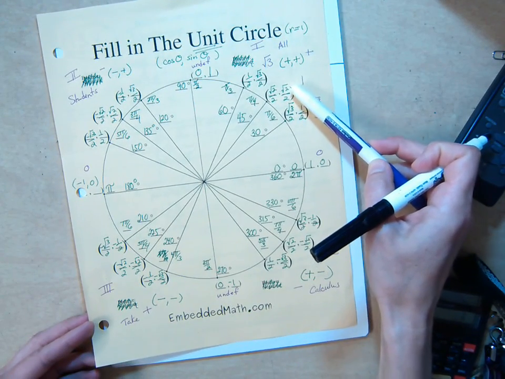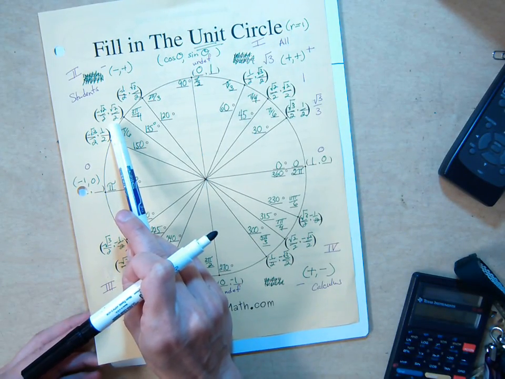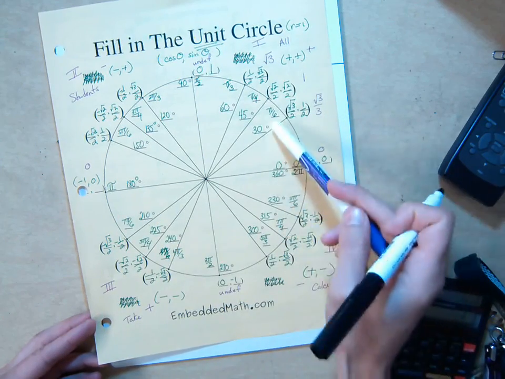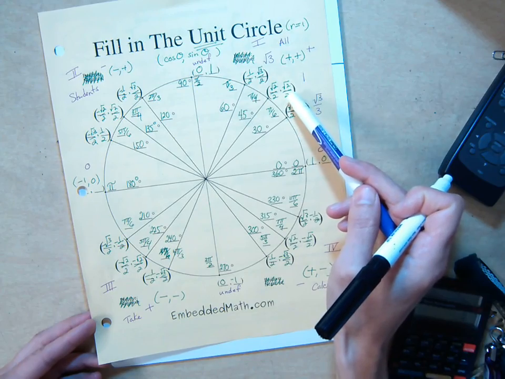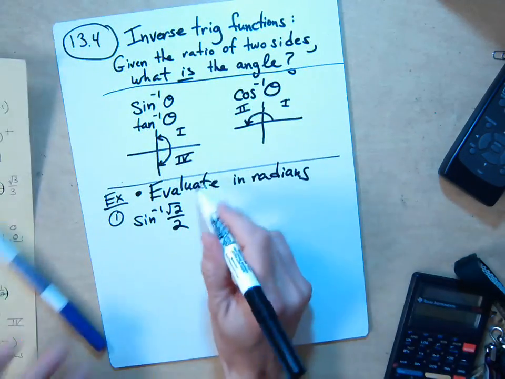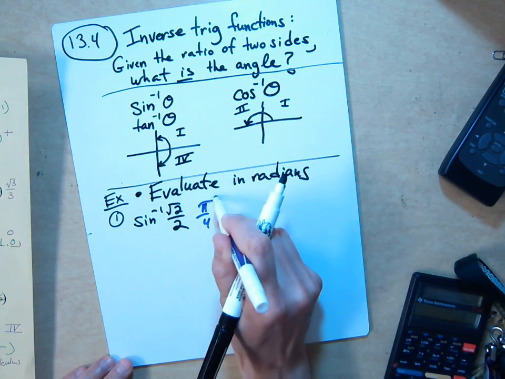The other place where the sine is √2/2 is over here, and that's why we need to limit where it's defined. The inverse sine is only defined in these two, so we'll always use this quadrant 1 answer. So it's going to be pi/4, and you would write pi/4. And that's the work that you would show.